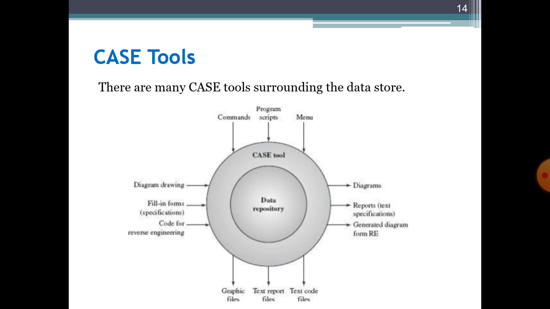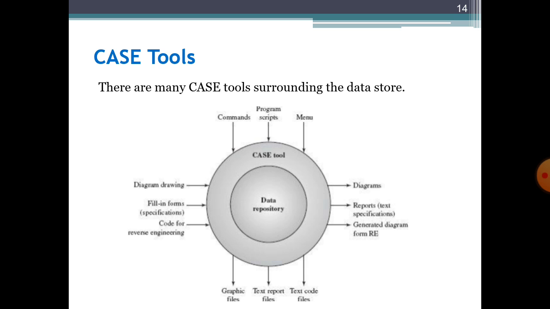So these are different services provided by these Computer Aided Software Engineering tools, which are surrounded by this data store, or shared repository architecture. A user of a CASE tool can draw different UML based diagrams. So what are UML diagrams? We have already discussed them in our earlier lectures.